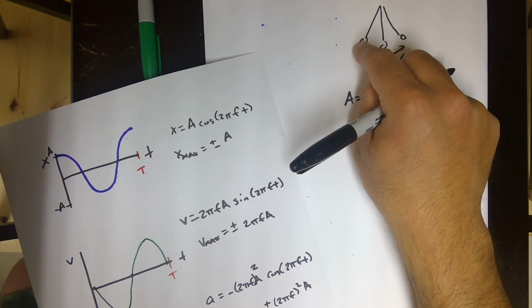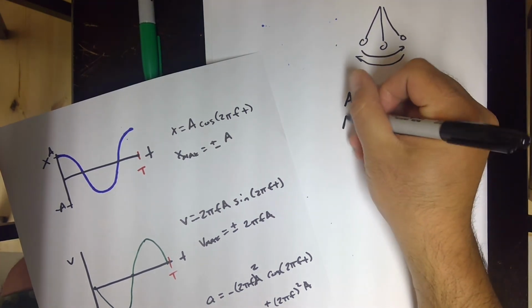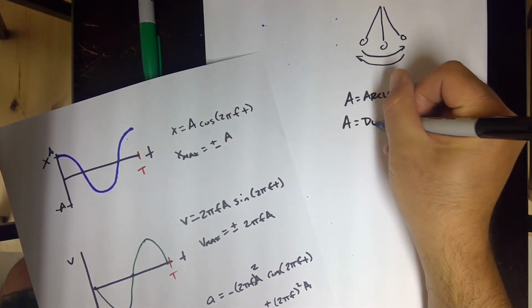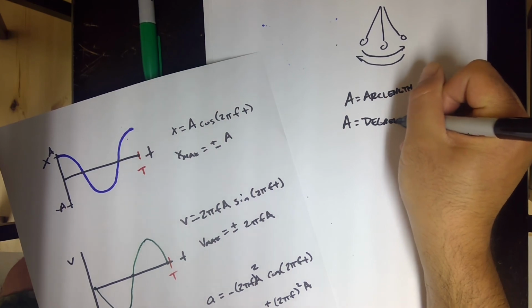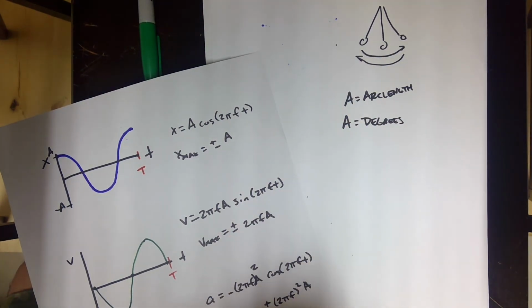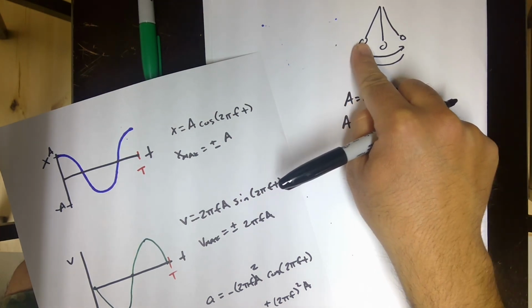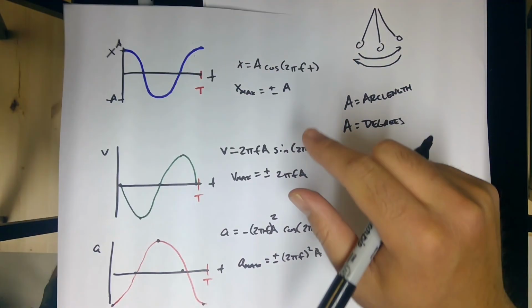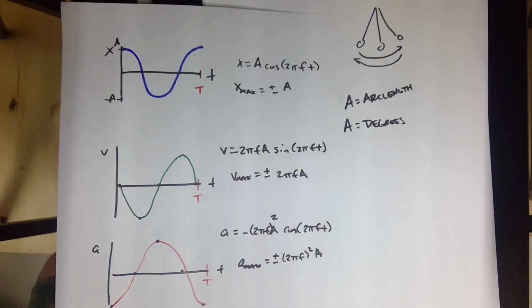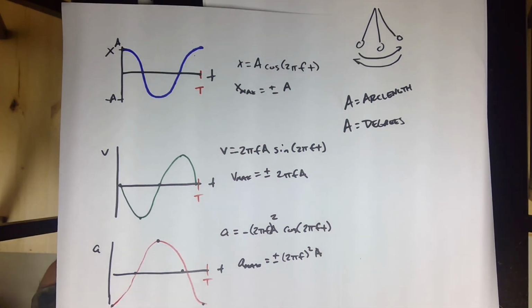Maybe it's this far away, maybe it's this far away. Or the other thing is you can have A in degrees, or you could do radians as well. And then that would tell you how far away it is in terms of degree spacing. And then the rest of the functions follow suit as well. So we can model simple harmonic motion with sinusoidal functions.